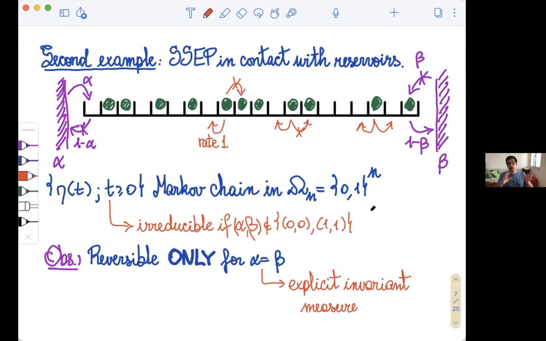You can compute how different sites are correlated under this invariant measure, and there are long-range correlations. Okay, so it means that a site near one of the boundaries is actually correlated with a site on the other end, near the other boundary, and this correlation is of the same order as the correlation between two neighboring sites in the middle of the interval.